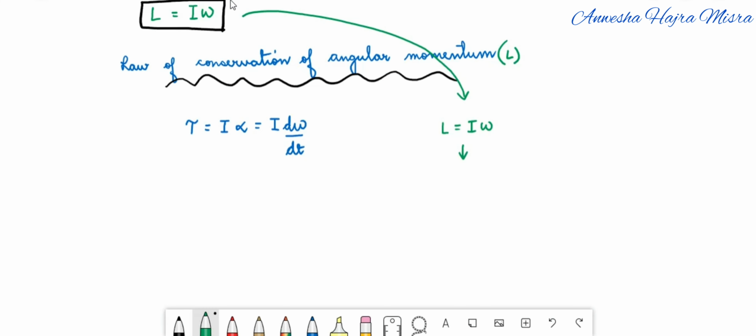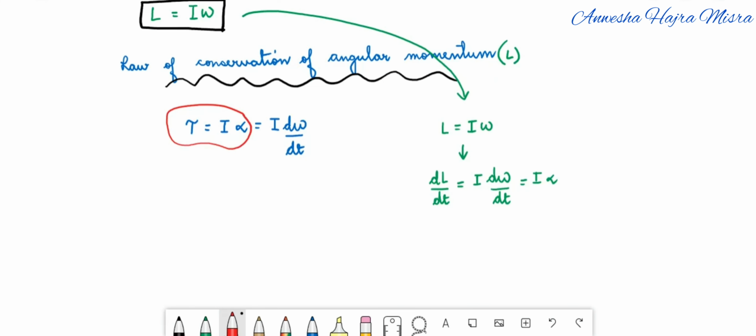Now if this is differentiated, dL by dt is, I is constant, I d omega by dt. So this is I alpha, and I alpha is nothing but torque. So from these two expressions we can say torque is rate of change of angular momentum.